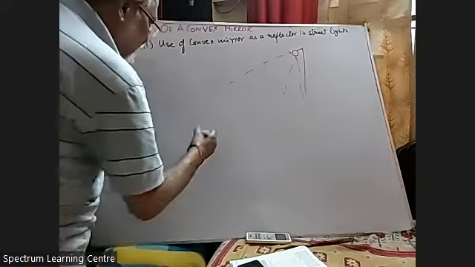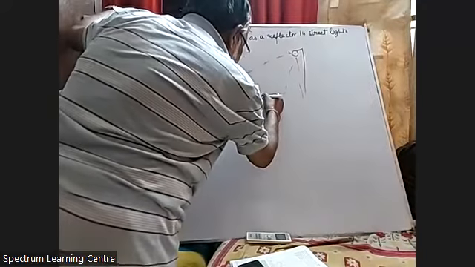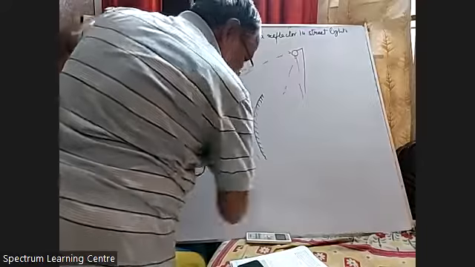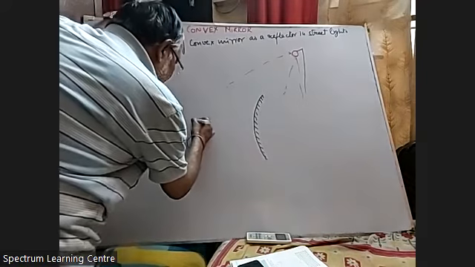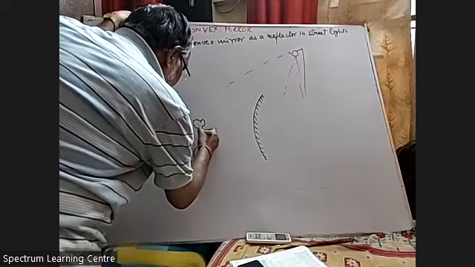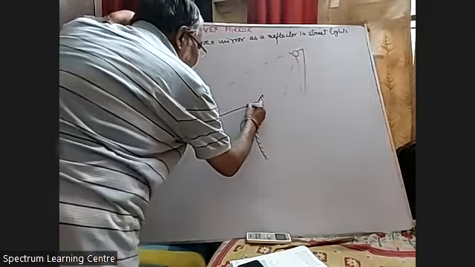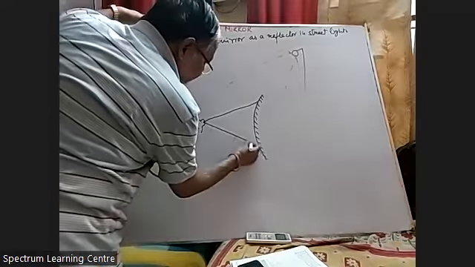So what do we do in this street light? We use the convex mirror, and put a lamp over here. Light from the lamp will go like this.